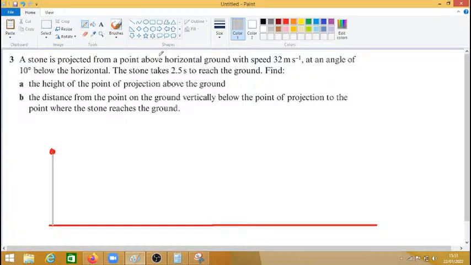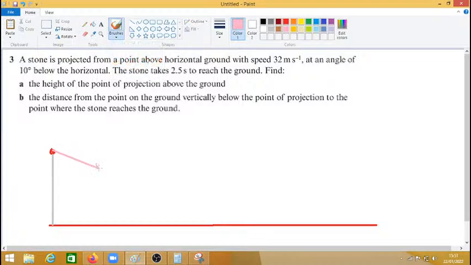Now, the speed that it's being fired off at is 32. How do we draw that 32? Do we draw that going up this way, going up that way? Actually, it says it's below the horizontal. So 10 degrees below the horizontal means it's being fired off downwards.